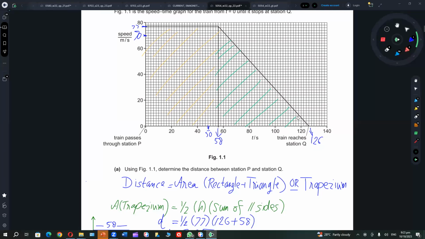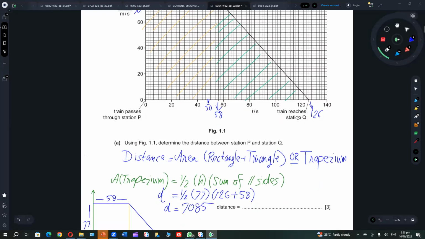Can you check this? How much? 68. Then somehow an error is coming because he's saying 70. How is he saying 70 when our number is not coming 70? Somehow I have made a mistake.